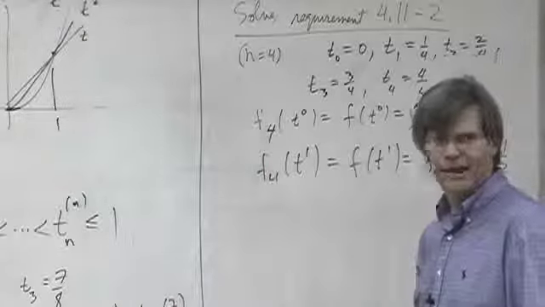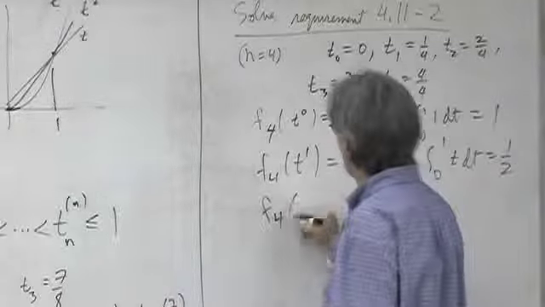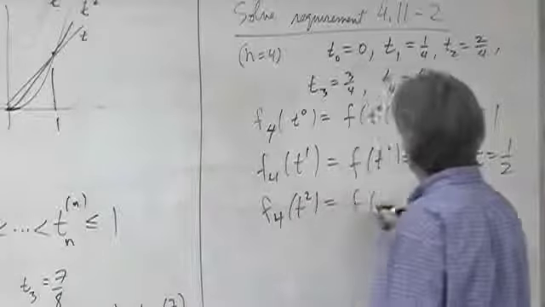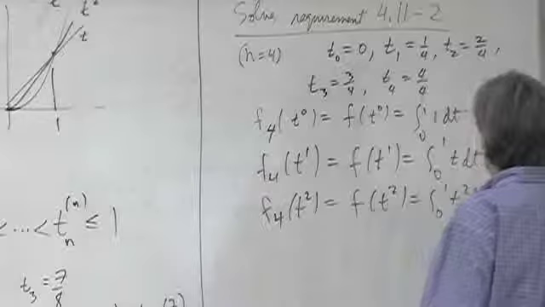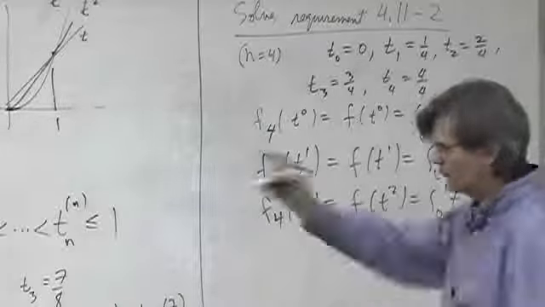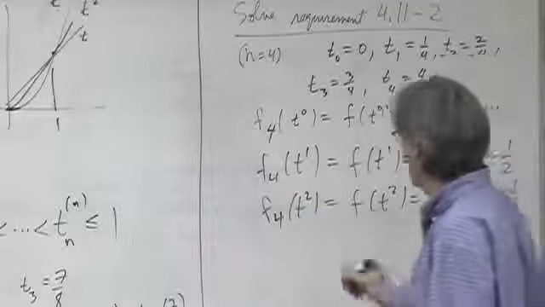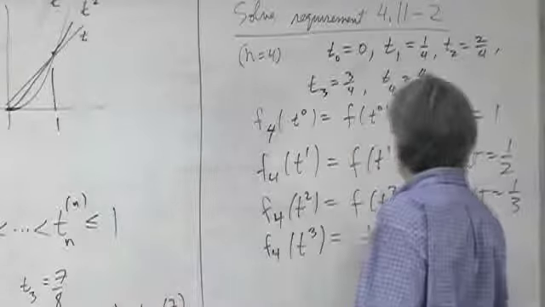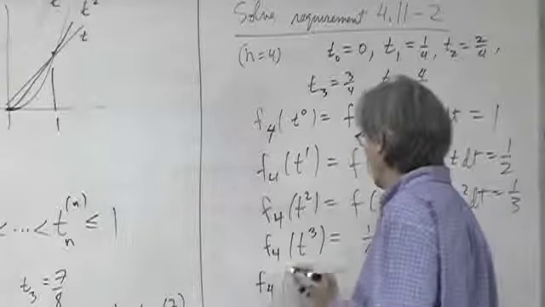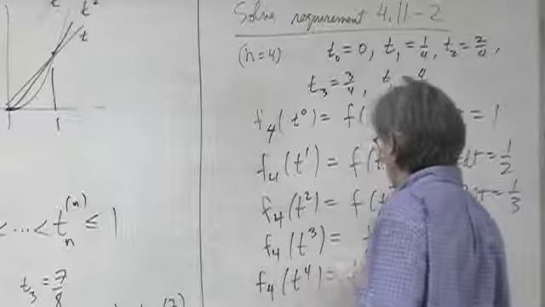You can calculate that. I want F sub 4 of t squared to equal the integral from 0 to 1 of t squared dt, which equals a third. So whatever these coefficients are when I plug them in there, I want F sub 4 of t cubed to equal a fourth, and I want F sub 4 of t to the 4th to equal a fifth.